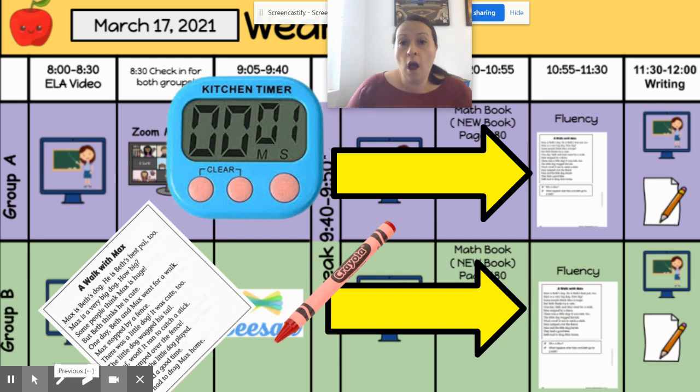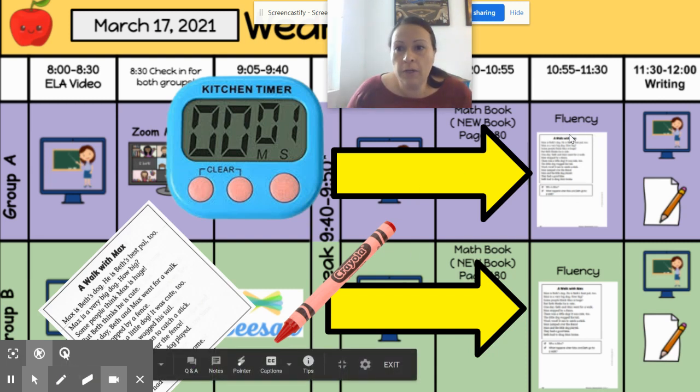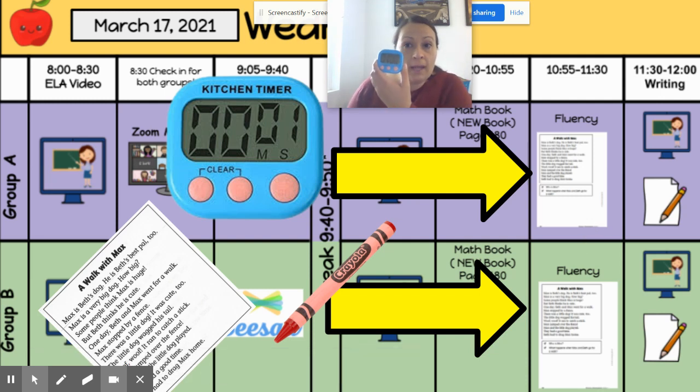So on your slide deck, from 10:55 to 11:30, both groups, group A and B, you have to do this fluency passage and time yourself for 1 minute. After that 1 minute's over, you need to mark it with a red crayon, okay?